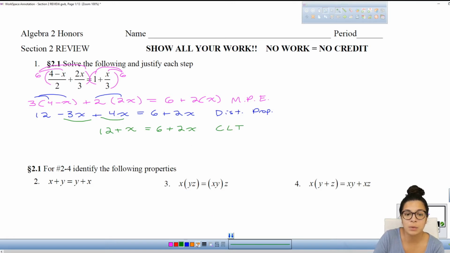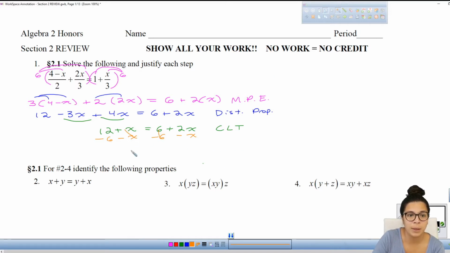And then we want to use either the addition property of equality or the subtraction property of equality. You could view it as subtracting x or adding a negative x. And I also need to subtract 6. So I'm just going to do both in one step.